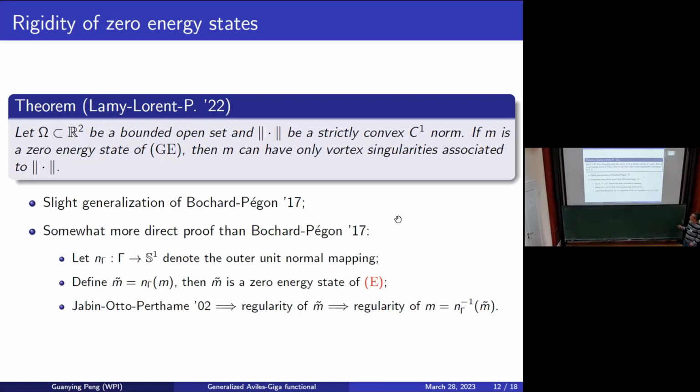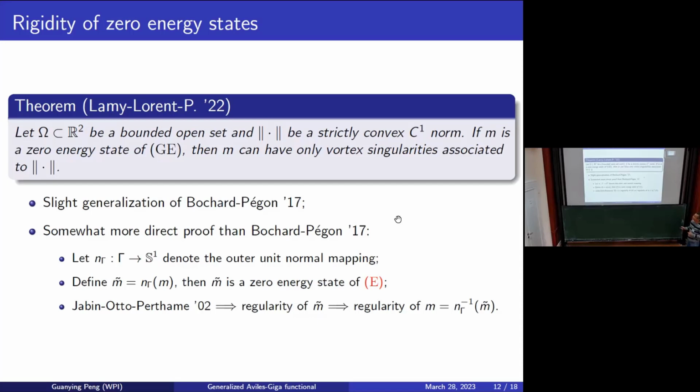In the work of Bochard and Pegon, they essentially adapted the argument by Xavier, Otto, and Pegon in the classical case to this generalized setting. Here we realized that through a transformation, we can reduce the problem to one in the classical case rather quickly.